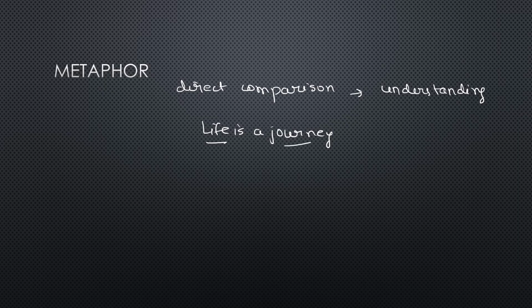Life is compared with journey, two different things, and we are directly saying that life is a journey. And journey means it is with highs and lows. It is tough, as well as we can make it as we want. So it has a different meaning altogether, right? So if you see, meaning is not changed, form is changed here. Okay, it is a scheme.